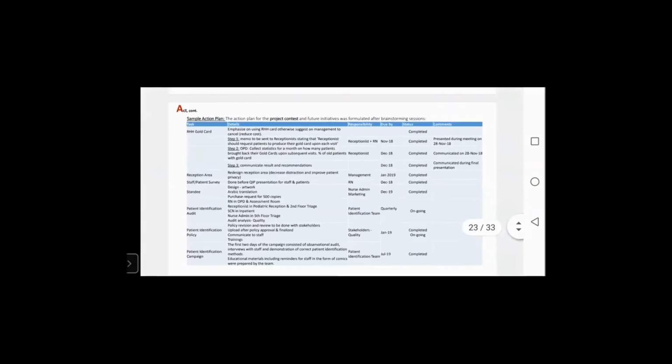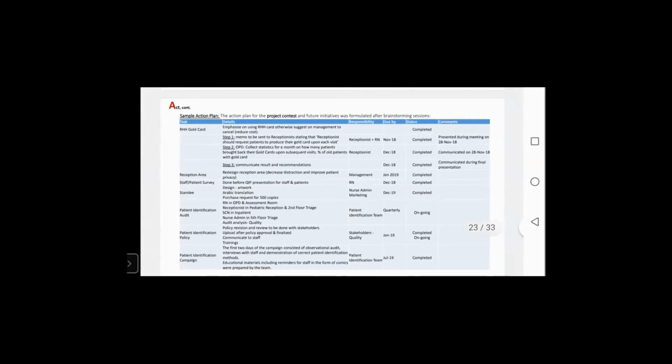So I summarized some of their projects. Some of their improvements: we had a patient gold card.